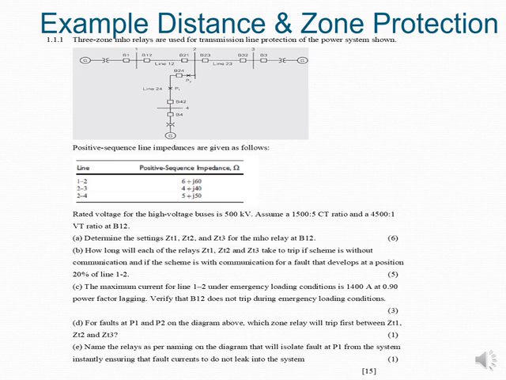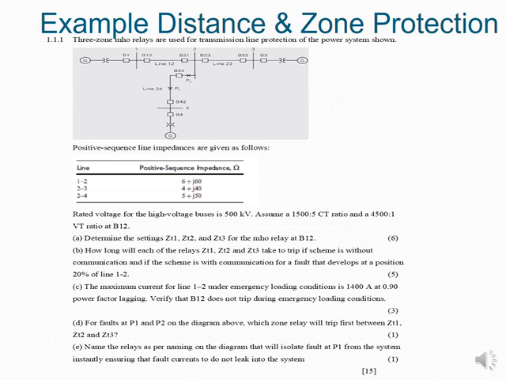Then they want us to tell them how long each of those relays, your Z1, Z2, Z3, will take to trip if the scheme is without communication, if you have a fault at 20% of that first line. Okay, so that 20% of that first line, obviously it must ring a bell that it is within zone 1.